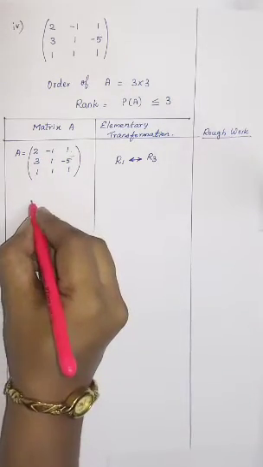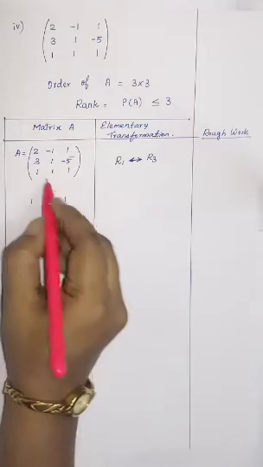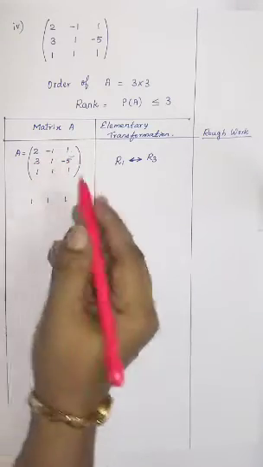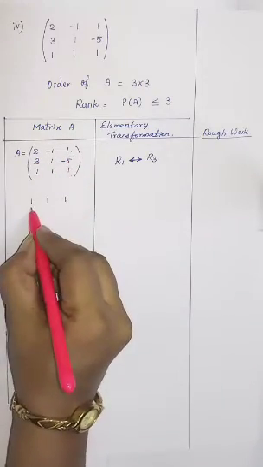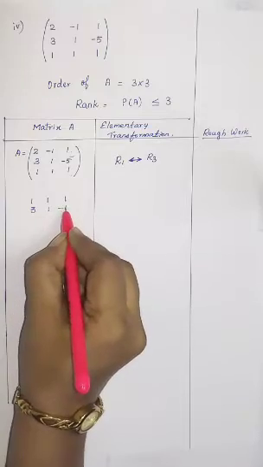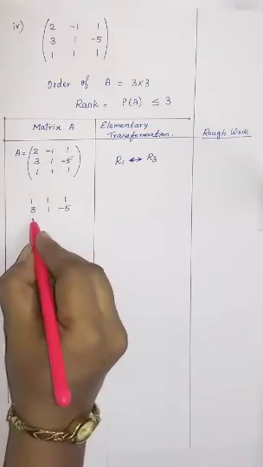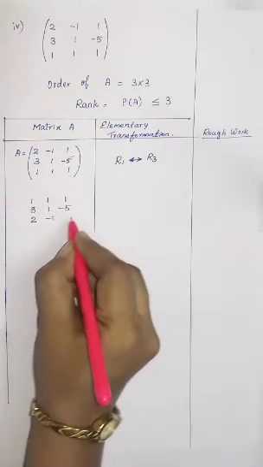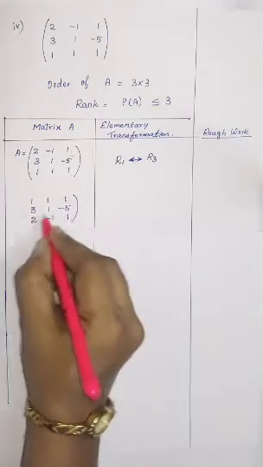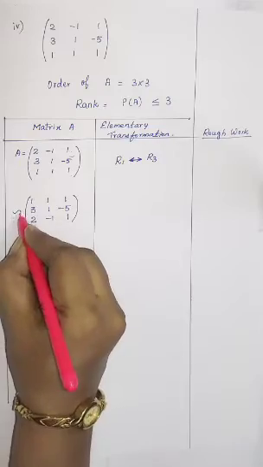So 1 1 1, that is your R3, I am writing in R1. Now R2 is there as it is, 3 1 -5, and your R1 has to come to R3. So 2 -1 and 1. So this you can write as approximately equal to.